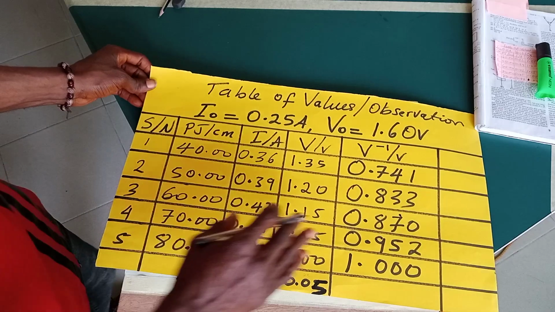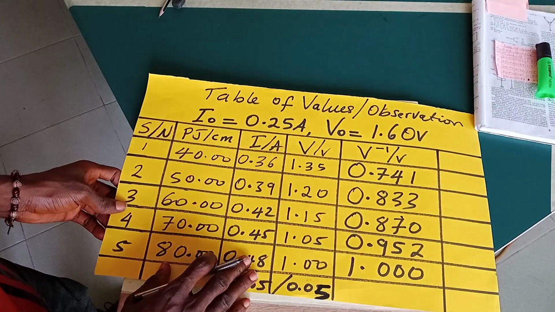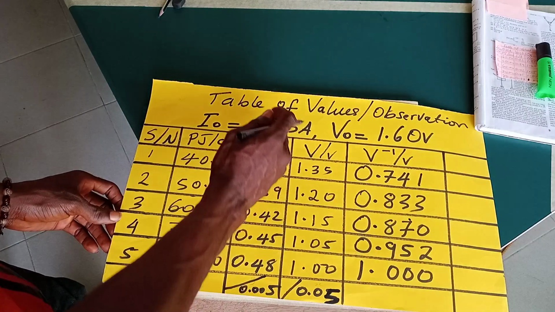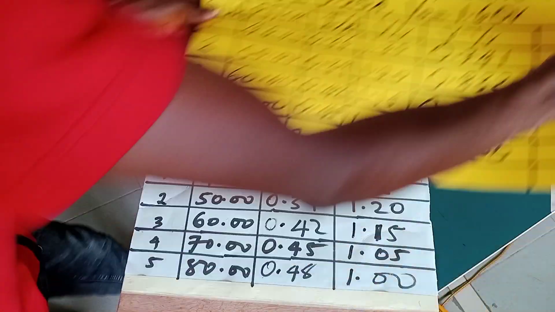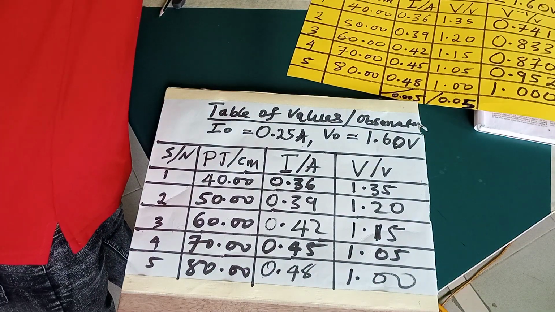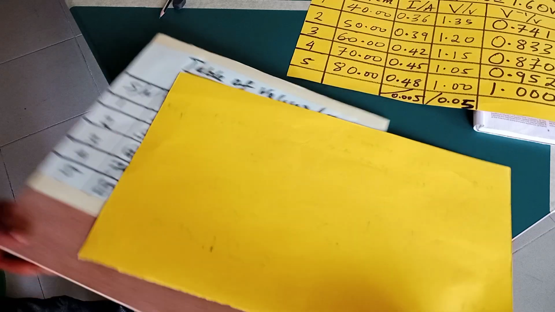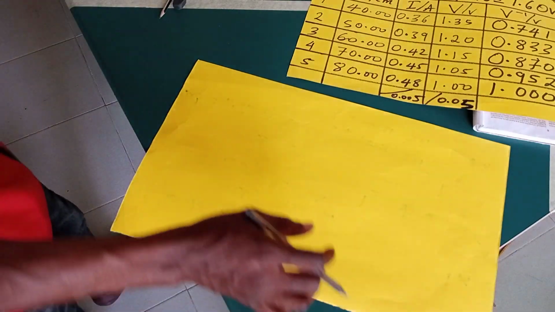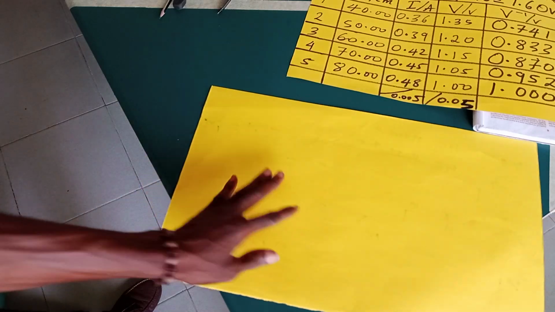So what is here is simply what I want to explain with an equation. The meaning of these values you are seeing here, I will quickly explain with an equation. Remember that a potentiometer is a variable resistor whose value is varied when the jockey is tapped gently across it.